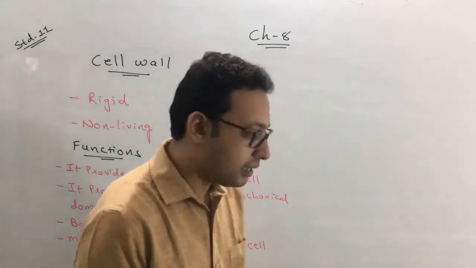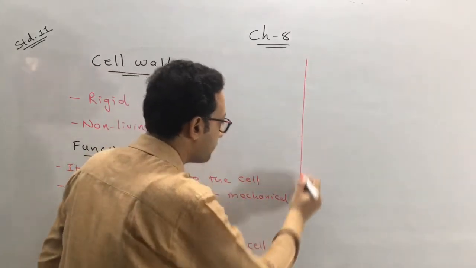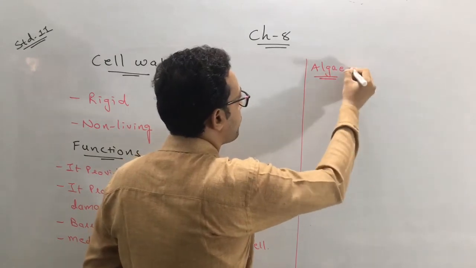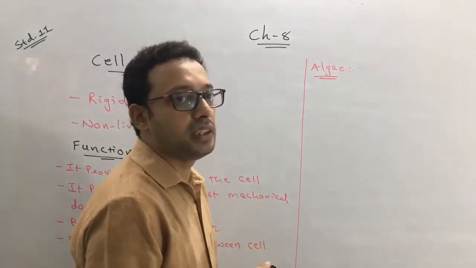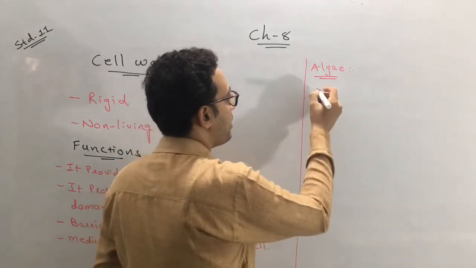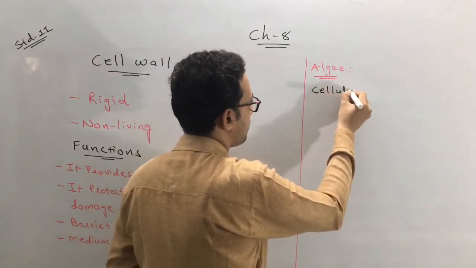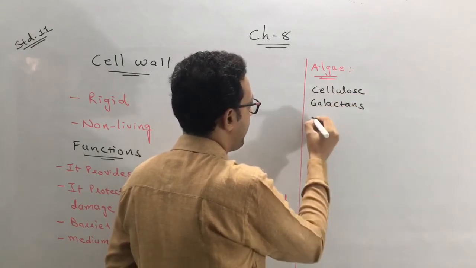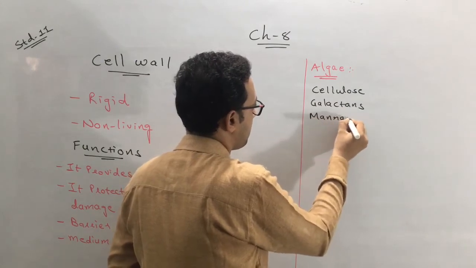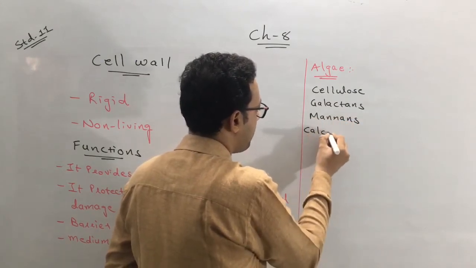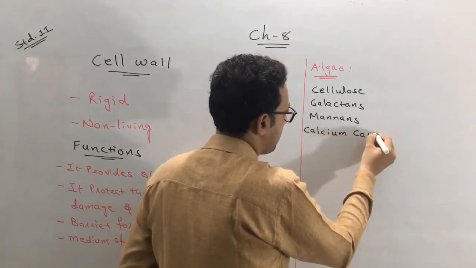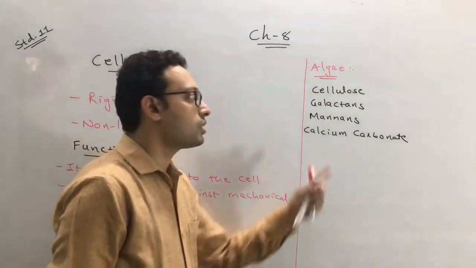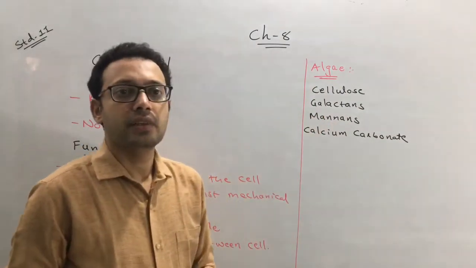Let's see with an example. The cell wall of algae is made up of cellulose, galactans, mannans, and minerals like calcium carbonate.